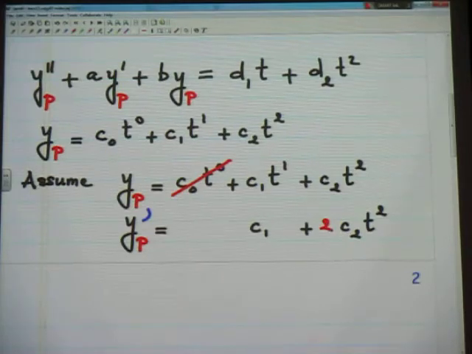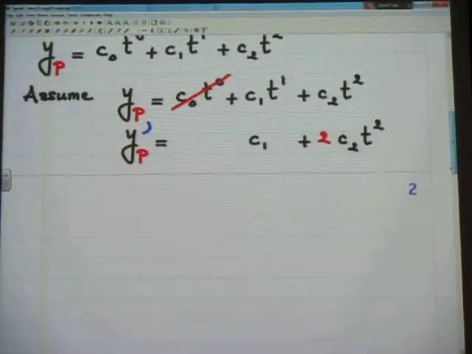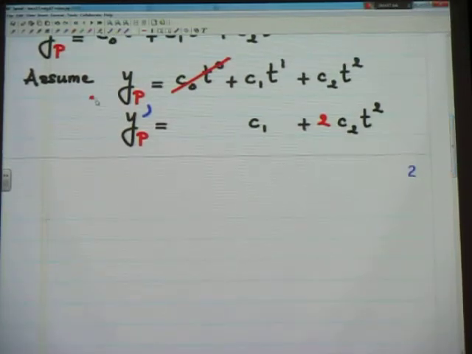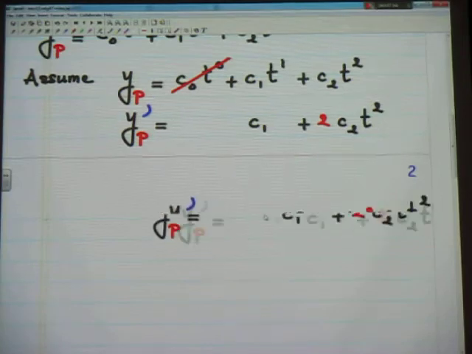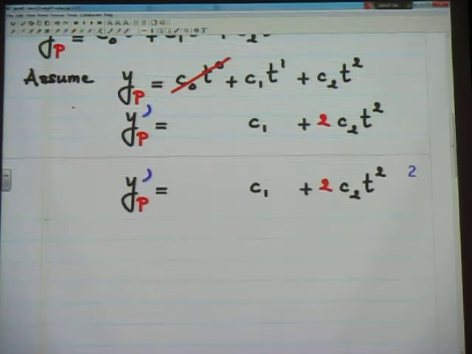That's the first derivative, and the second derivative would be simply, I need to remove this one also, just 2C2, without this term and without t, right?